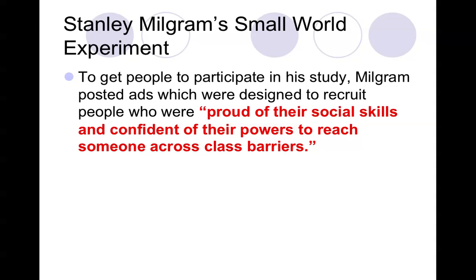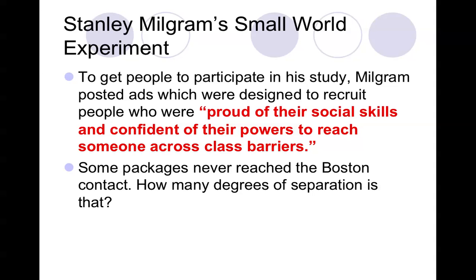So, in posting ads such as this, he was attempting to get people who probably had a better chance, or maybe acted on the ad because they felt they had a better chance, of reaching the person in Boston.